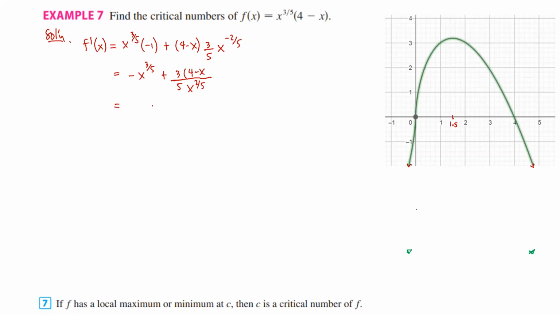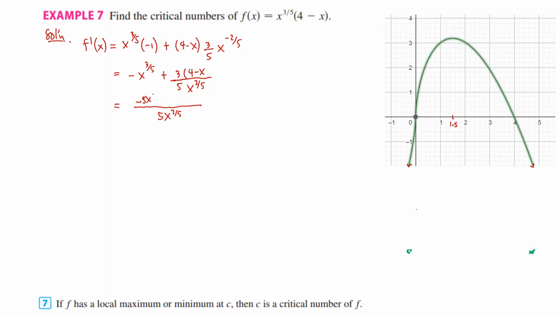And let's combine this as a single fraction, taking 5x raised to 2/5 as your common denominator. Then that would mean, since the denominator of this is equal to 1, this will become 5 times x raised to 2/5 times x raised to 3/5.